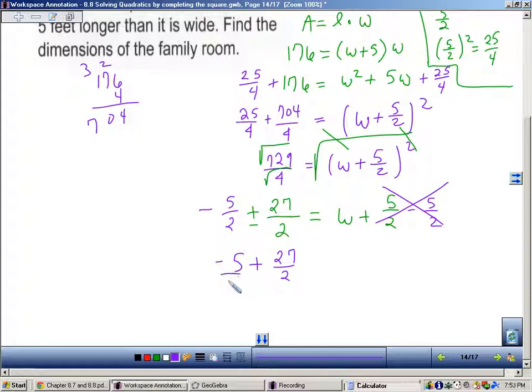Got the 2 there. And so this gives us 22 over 2, which is 11. And so the value of W is 11. And I'll write that out.